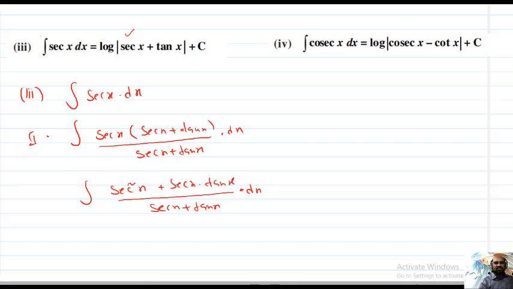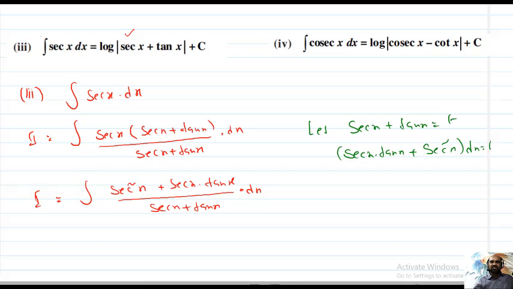So this is I. Students listen. Let secant x plus tan x be taken as t. The derivative of secant x is secant x into tan x, plus the derivative of tan x, secant square x.